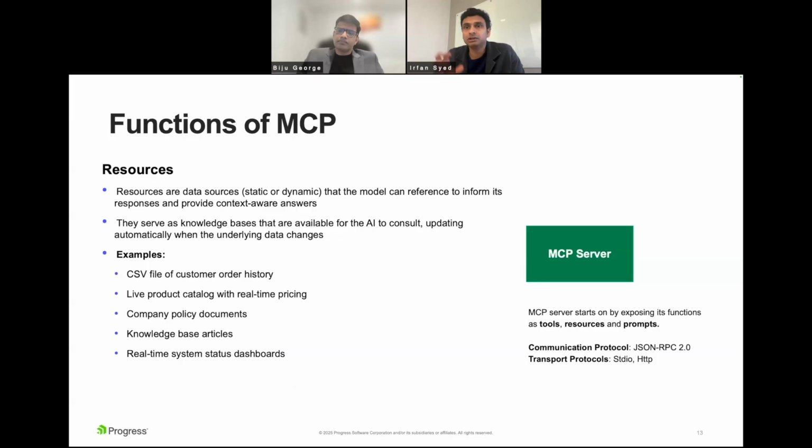So any of your knowledge base information or metadata that you want to expose, you can expose as MCP resources. Combining all of them, tools, prompts, and resources provide different functionalities for you to expose your data back to the user application.